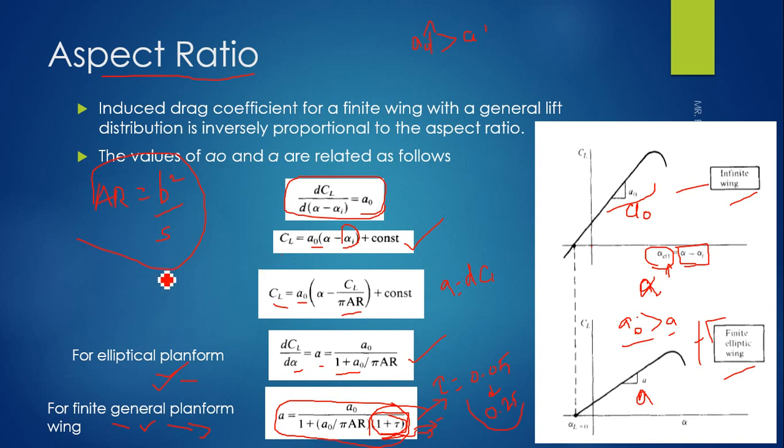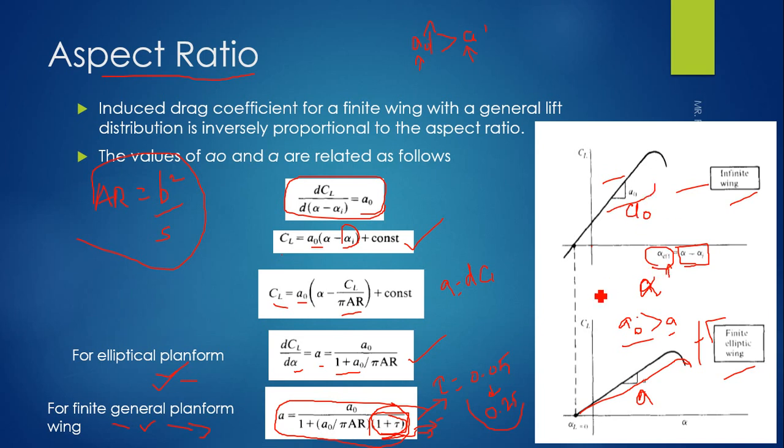One is for the infinite wing, that means for the airfoil. For the airfoil we denote it as a naught, and for the finite wing we denote it as a. From the graph itself we can easily understand that the lift curve slope for the airfoil is more, but here it is very much less. That's why we get a slanting curve when compared with the infinite wing.